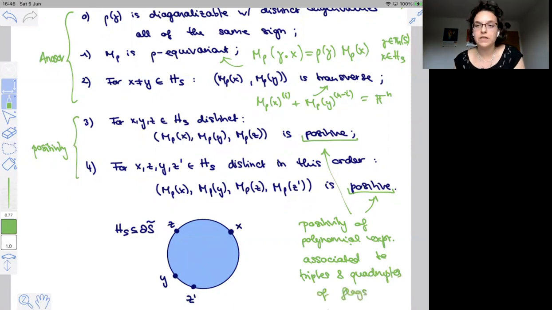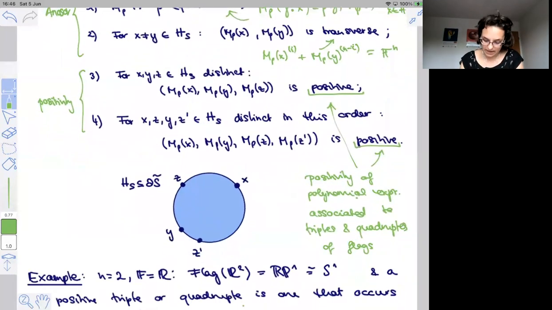And these polynomial expressions have to be positive. So let me give an example, because I think this is a lot to digest, but maybe we can go to the baby case.